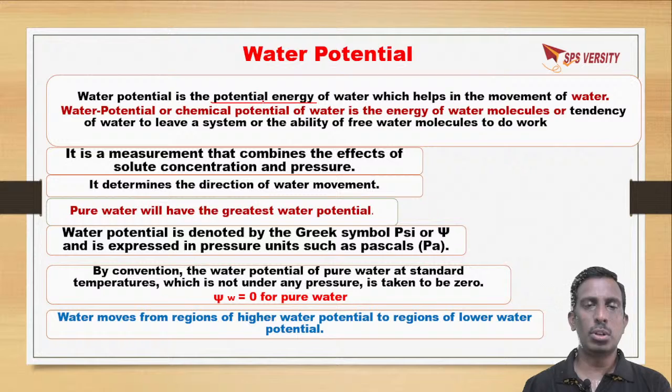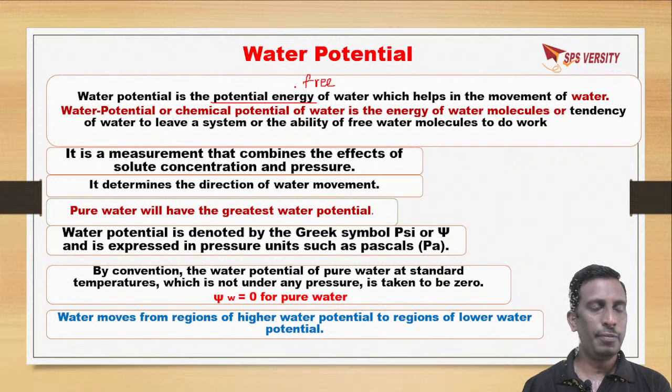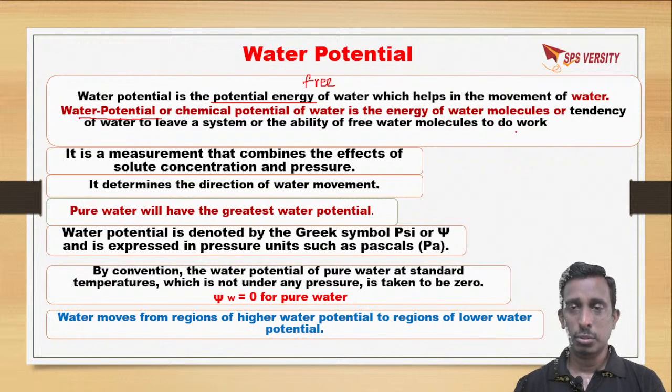The free water molecules present in water have potential energy used for movement. This total free energy present in the free water molecules is called water potential, which is meant to do work. Work means here the movement of water.